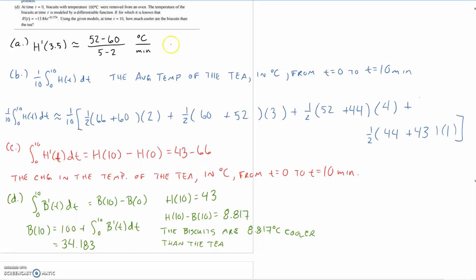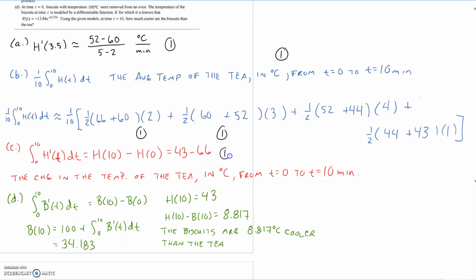One point for estimating h prime of 3.5. One point for the meaning of that average temperature integral. One point for the trapezoidal sum. One point for the estimate for the average temperature, which means the trapezoidal sum times 1/10.